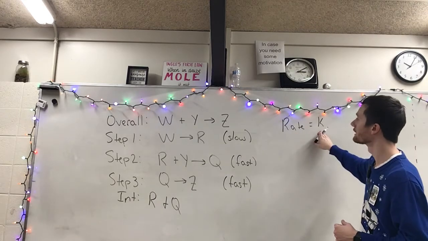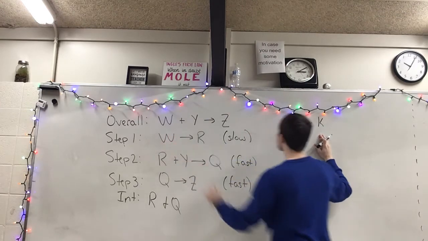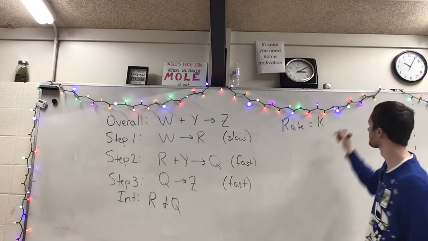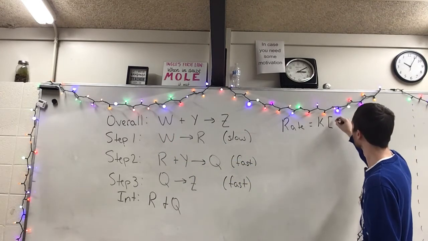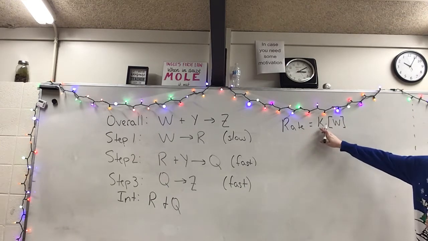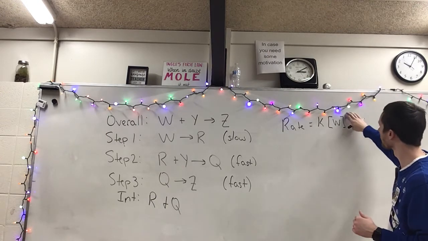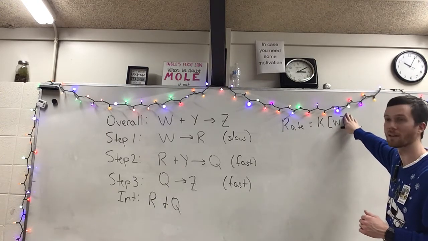The rate law is only based off of the reactants of the slow step. The only reactant in the slow step is W. So we can say that the rate of this reaction is going to be equal to k times the concentration of W.